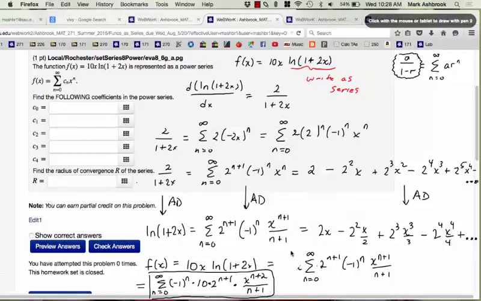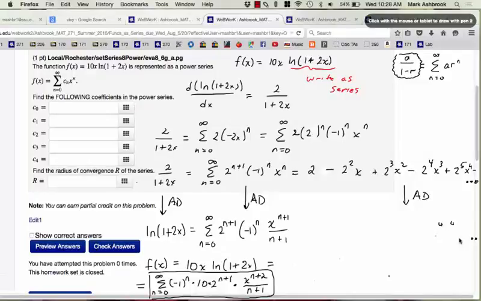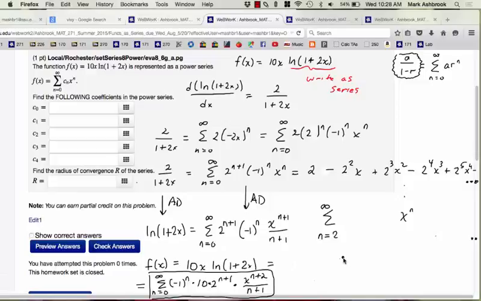I'll leave that written down. I'm going to give myself some room here. So basically, if we need this to match this, then the first term that we'll have is going to be n equals 2, because whatever n is has to be the power of x.